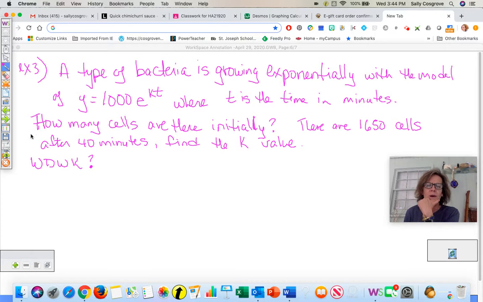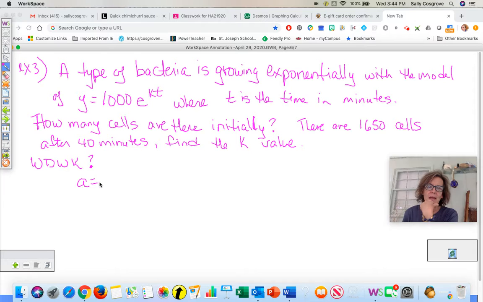So let's go to our equation, and you notice it's that same continuous growth equation. What's the difference? The k value is positive. That's it. It's still f of t equals a e to the kt power. So let's go through and think about, what do we know? Well, we know our initial amount.